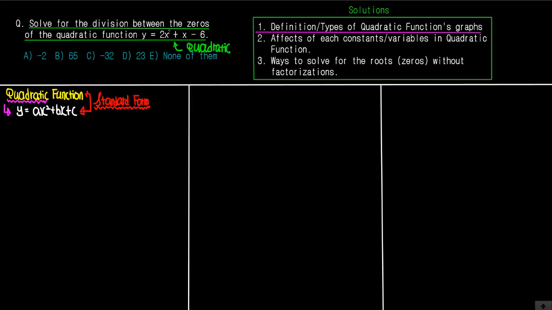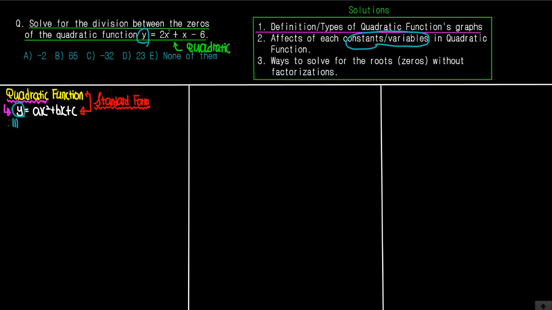Another important thing when solving this problem is what its constants and variables affect in our quadratic function. The first thing we might talk about is the y.